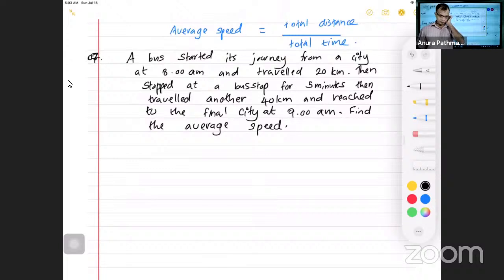The bus started its journey from a city at 8 a.m. and traveled 20 kilometers. Then it stopped at a bus stop for 5 minutes. So we are not worrying about the time that the bus stopped, even though it stopped 5 minutes or 10 minutes or whatever the time, we don't worry. What we have to consider is the total time taken.